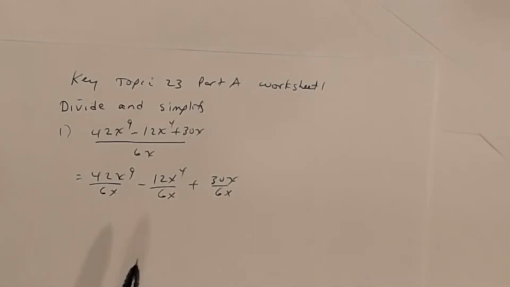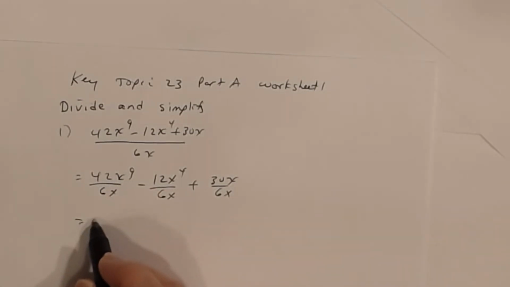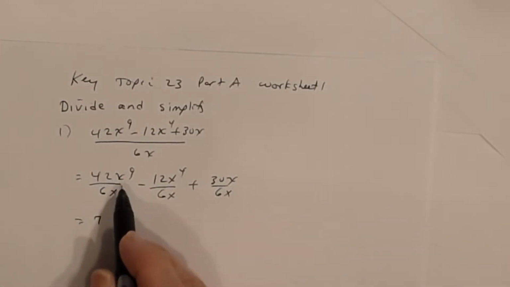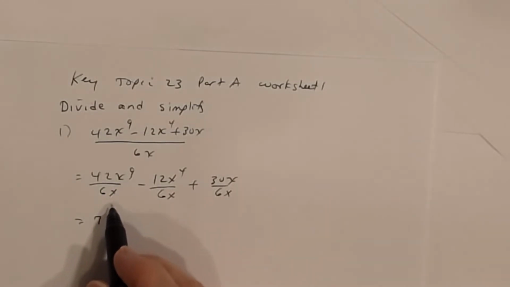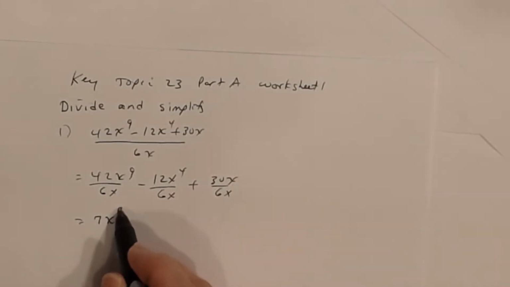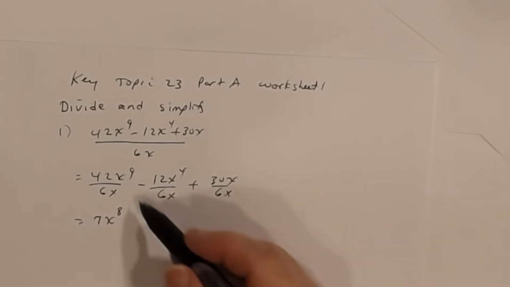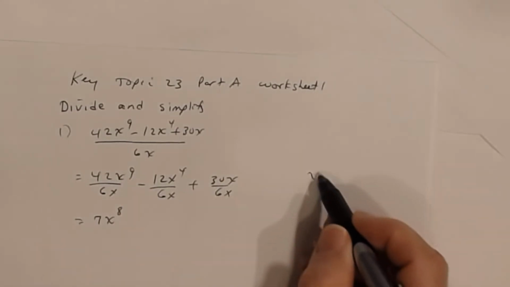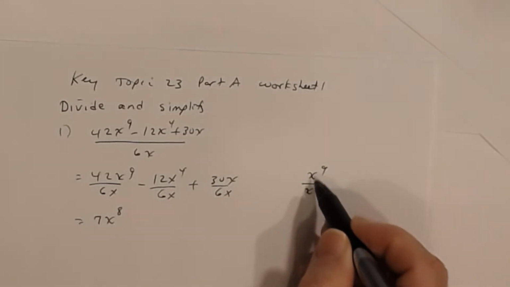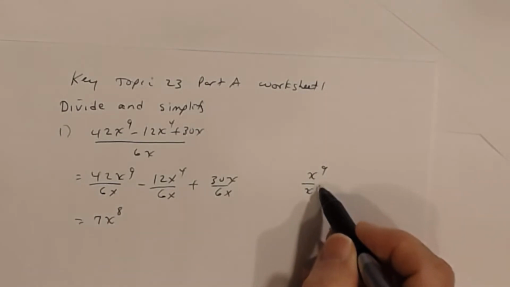Then the next step is to reduce each of these rational expressions. So 42 divided by 6 is 7, right? X to the ninth divided by x is x to the eighth. Remember, and I'm not going to write this every time, but basically you have x to the ninth divided by x. When you divide like bases, you subtract exponents.